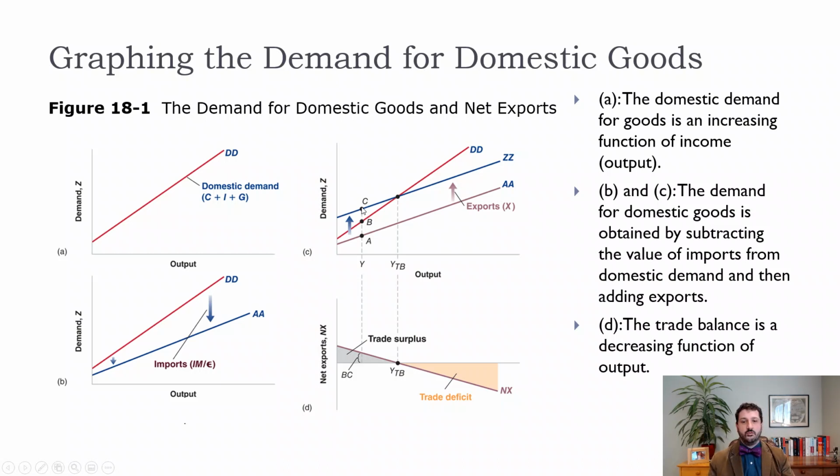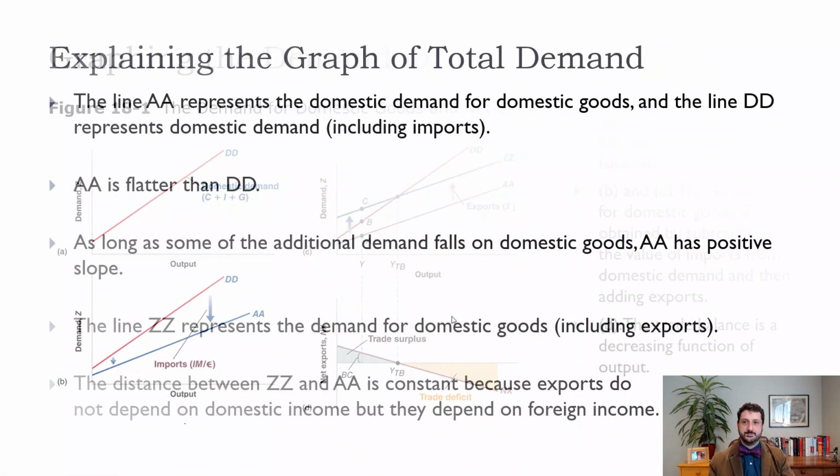If we are over here, then demand for domestic goods is higher than domestic demand, and so we have a trade surplus. And if we're over here, then domestic demand is higher than demand for domestic goods, and so we have a trade deficit. So to the right of this trade balance, we have a trade deficit. To the left of this trade balance, we have a trade surplus.